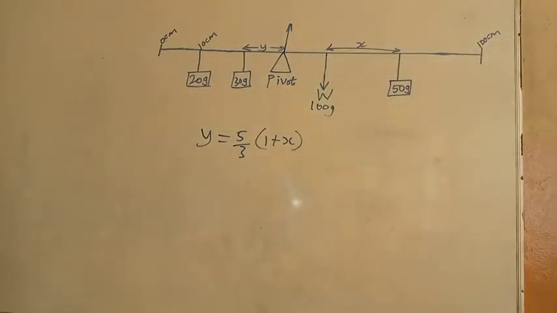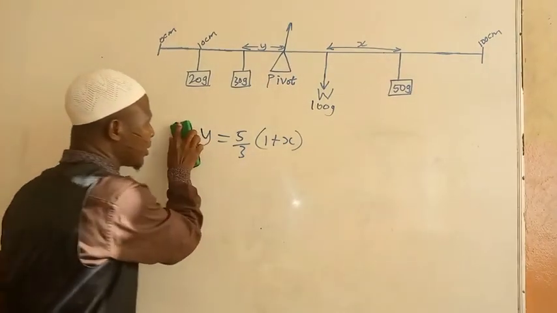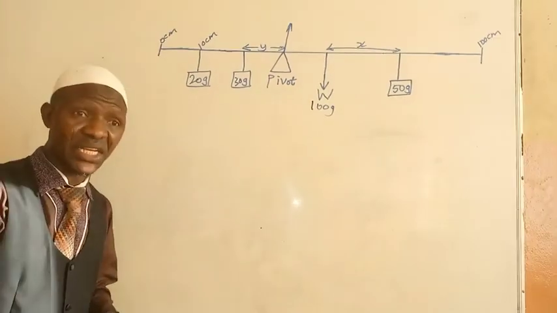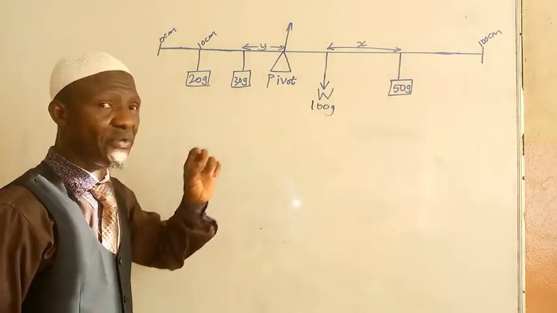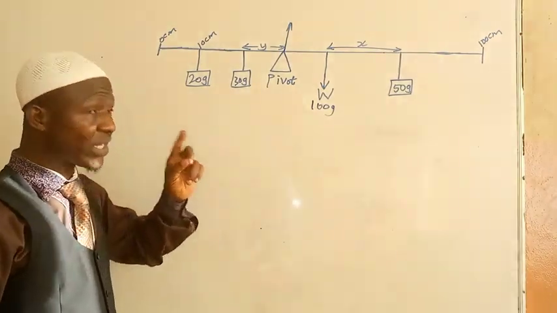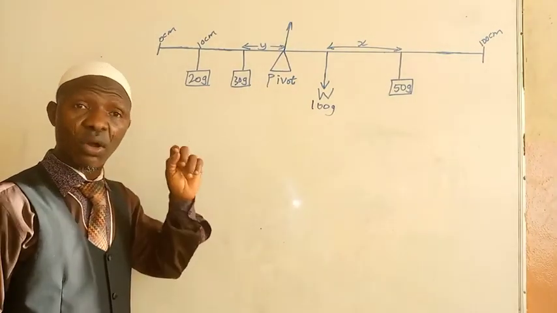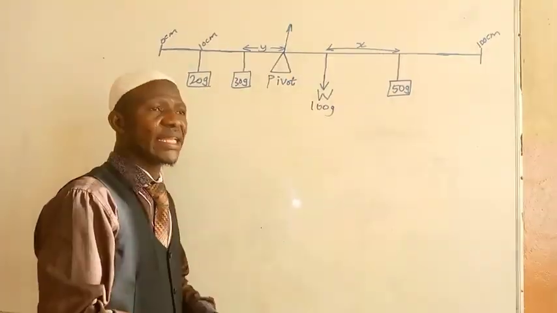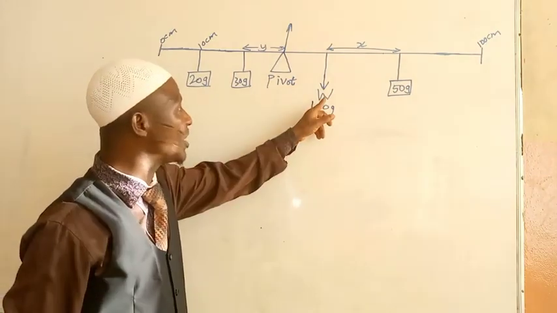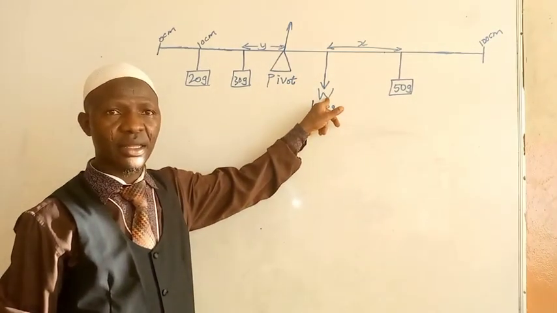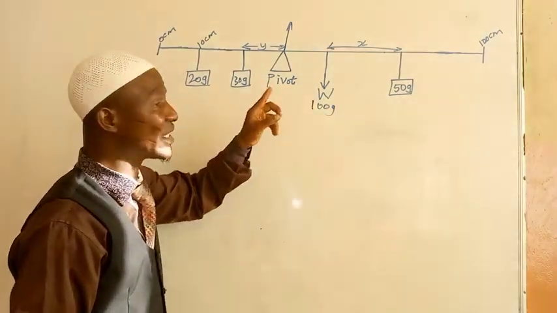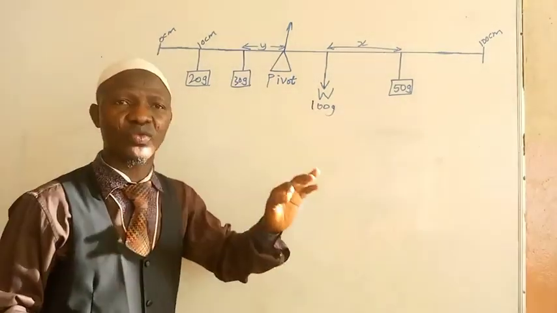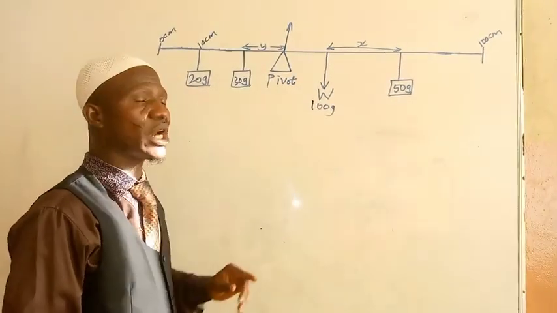Now, before we start solving the question, I want to explain something. The question itself looks confused, in the sense that in the question there's no indication of this W there. The question says the mass of the metal rule is 100 grams, not W gram.